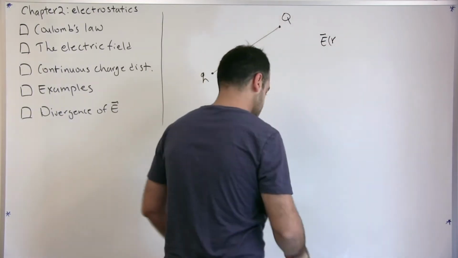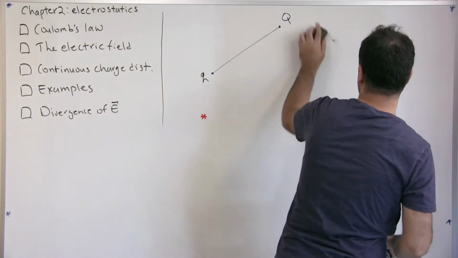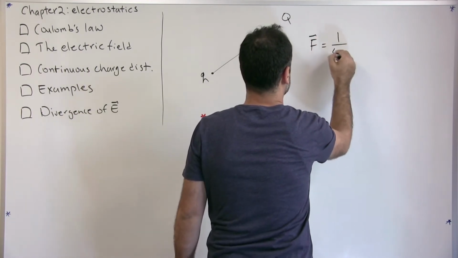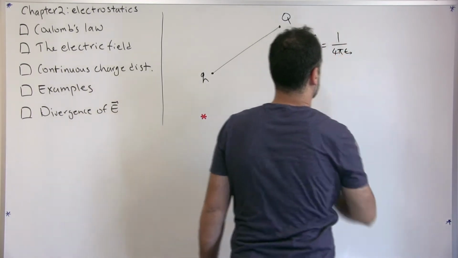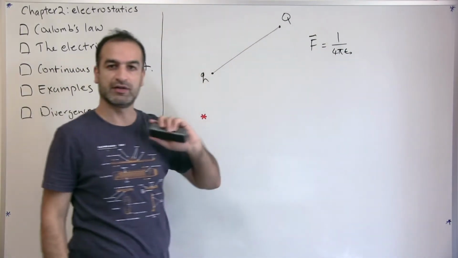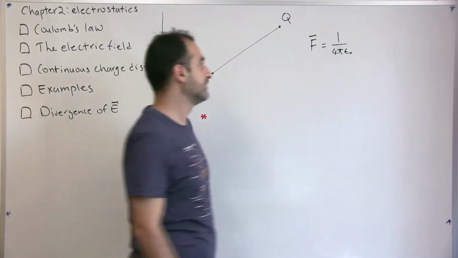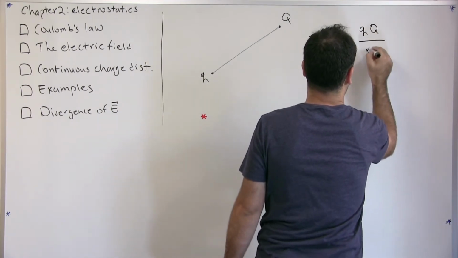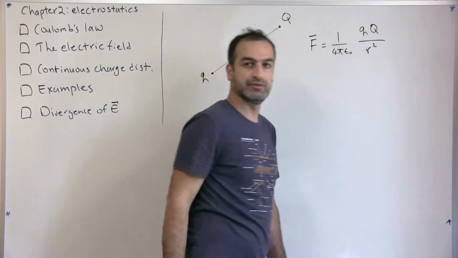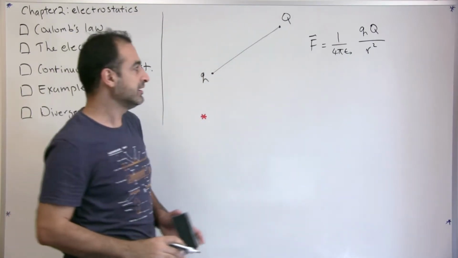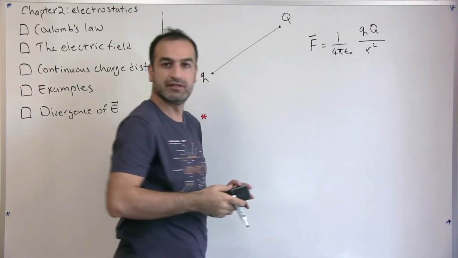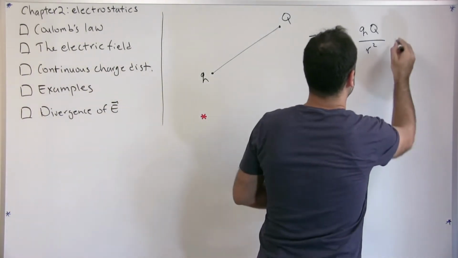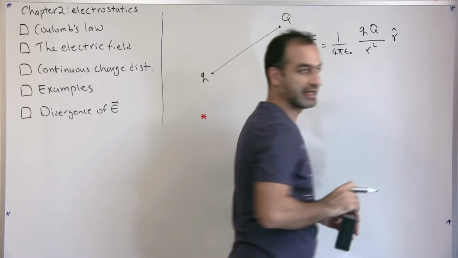That says the force between these 2 charges is a constant, which is 1 over 4 pi epsilon 0, times q times capital Q divided by R squared. And R here is the distance between these 2 charges. This is the magnitude, and the direction is in the direction of R hat.